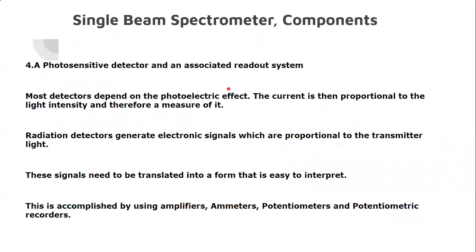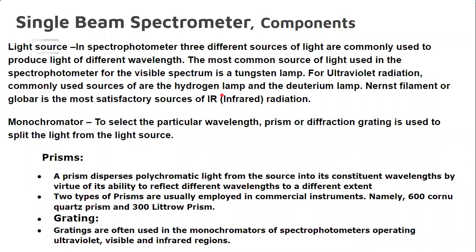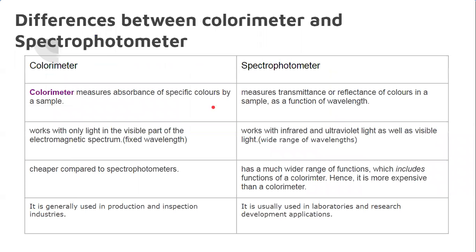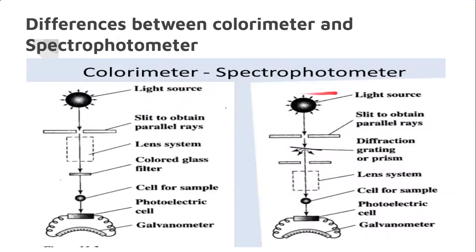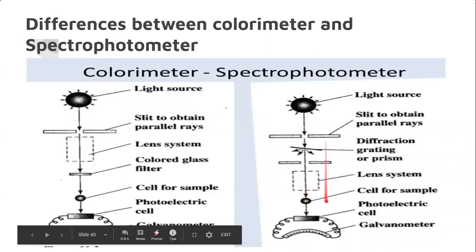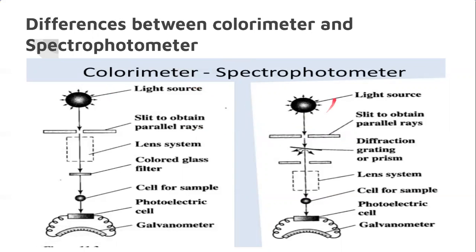Up to now we have discussed single beam and double beam, colorimeter and spectrophotometer. If you are using visible light, it is known as a colorimeter. The major advantage of a spectrophotometer over a colorimeter is that we can use different electromagnetic radiations: IR, UV, visible. In a colorimeter we use only one light source.